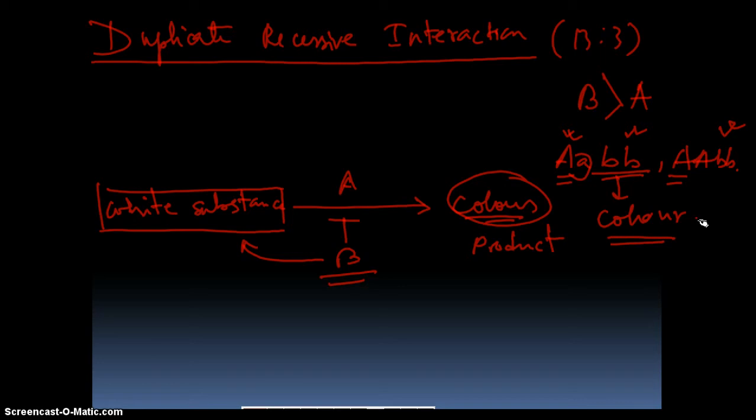It is very similar to dominant epistasis, that is, the dominant allele of one gene suppresses the expression of another gene.